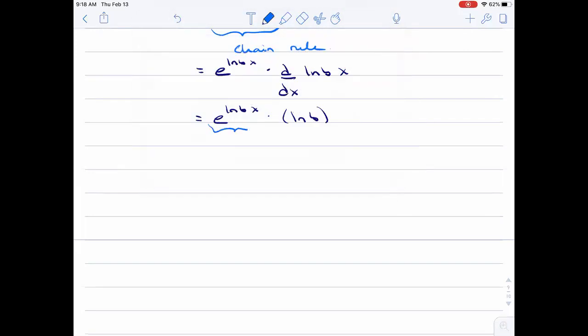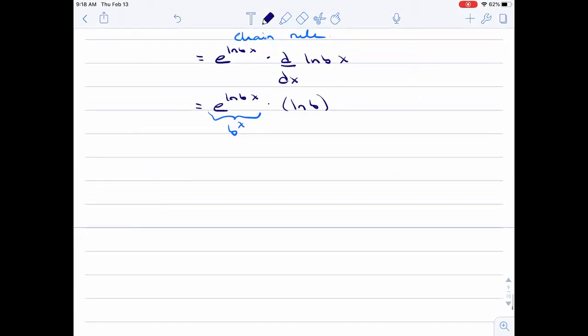Now I'm going to undo what I did. e to the log b times x, I can rewrite as just b to the power of x, by the same argument, right? That e to the log b x is just b to the x.